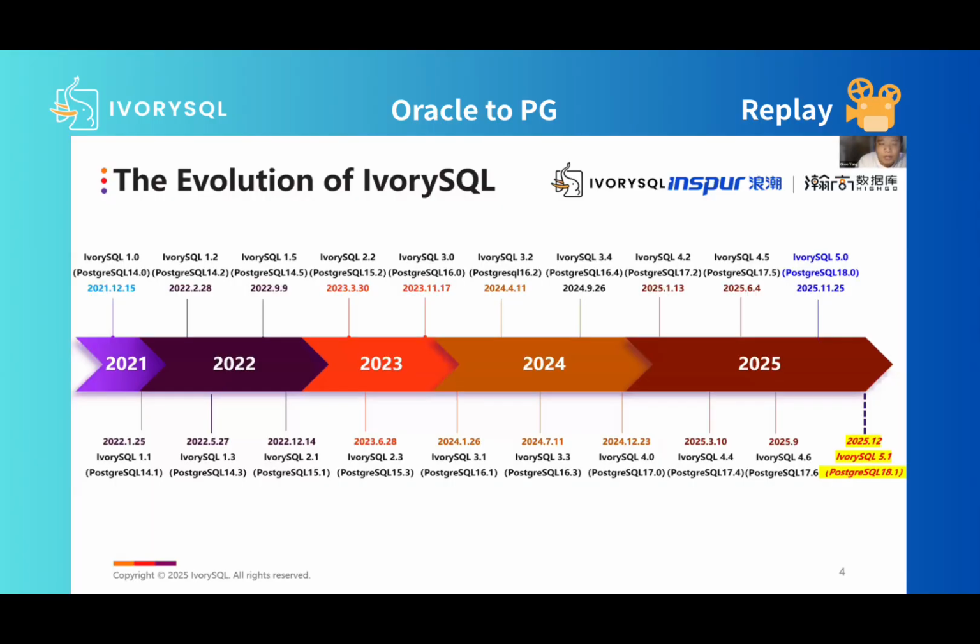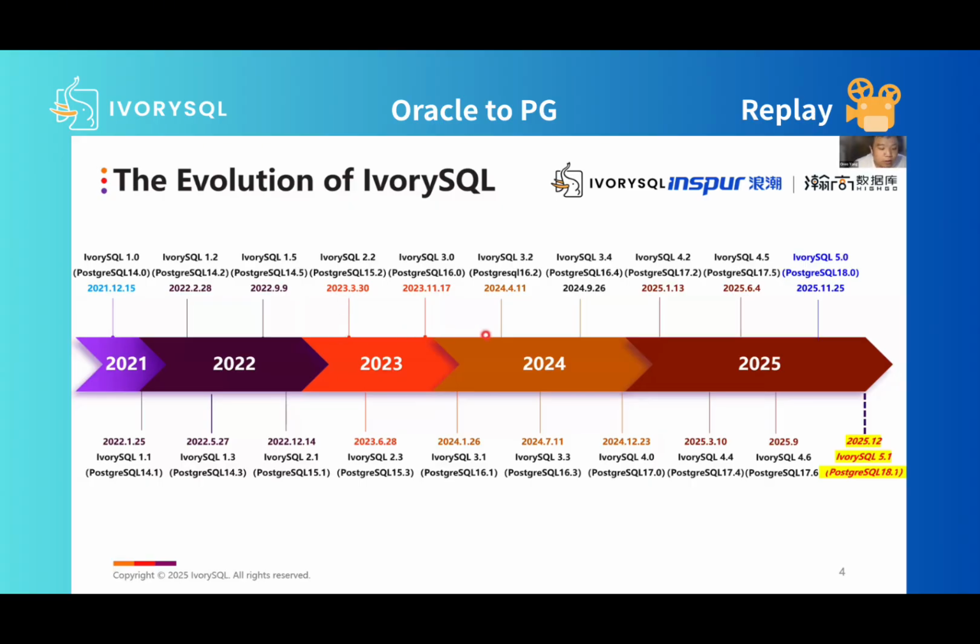First, about IvorySQL. The implementation of IvorySQL began in December 2021, about 4 years ago. IvorySQL's versioning policy aligns with Postgres, releasing a new major version containing new features about once a year.